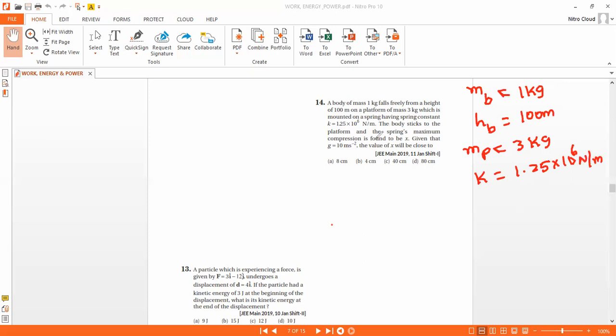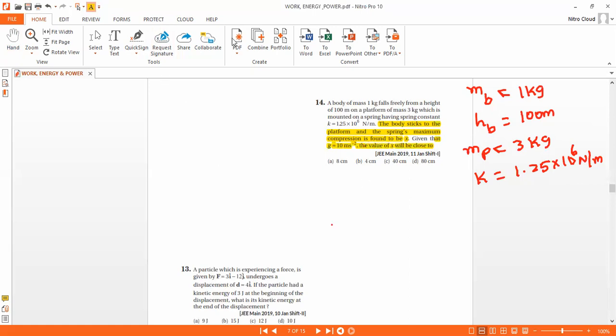The interesting point is that the body sticks to the platform, which means it is undergoing an inelastic collision. We need to find the value of x.